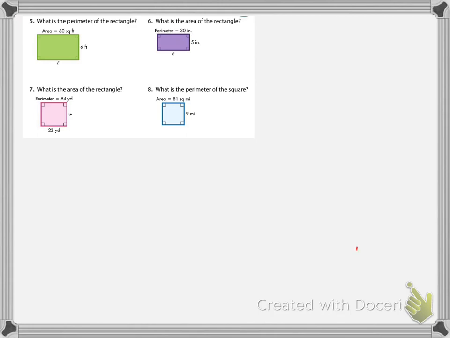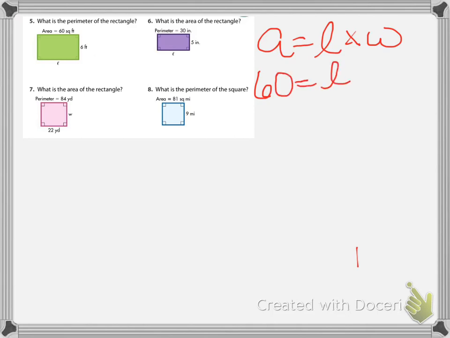Okay, so I'm going to write my formula of area equals, what's the formula? Length times width. Excellent. I know my area is 60. Do I know my length? No, I don't, so I put the L. Do I know my width? Yes, I do. It's 6.